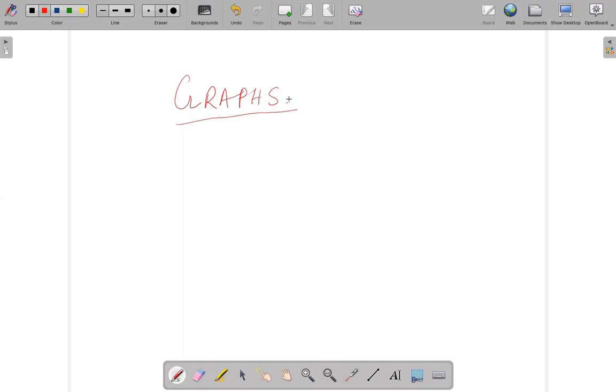So I guess some of you have already come across the name of this particular mathematical model, but in this course of lectures, we will get to know more details about them. So graphs can be thought of as a mathematical concept.